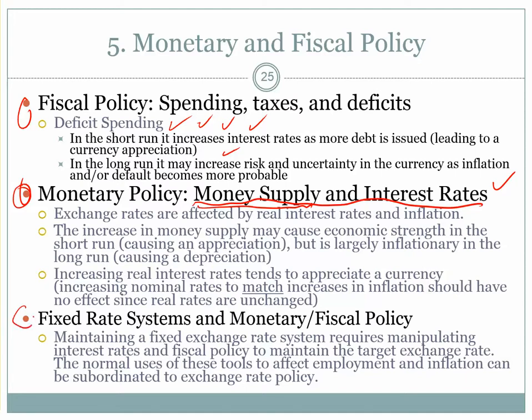When a government has a fixed rate system, the government has to manipulate fiscal policy and monetary policy to maintain the exchange rate. So that's another way in which governments get involved directly.